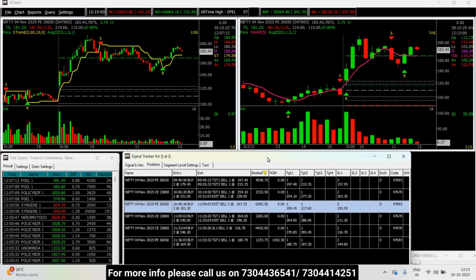As I said, VWAP shows the average traded price. When the price moves above VWAP, it indicates bullish, and in the Supertrend, if the price is above the close high, then it gives the buy signal.